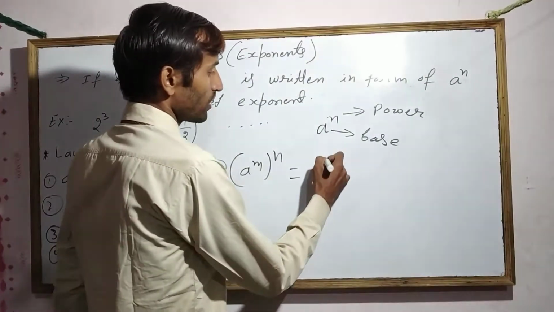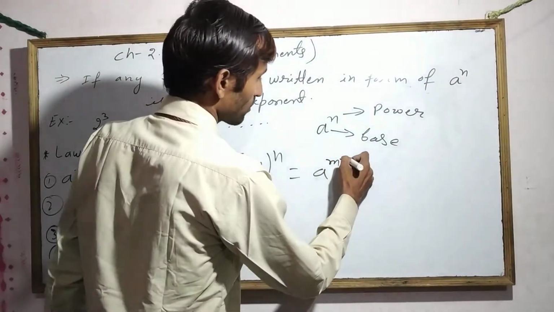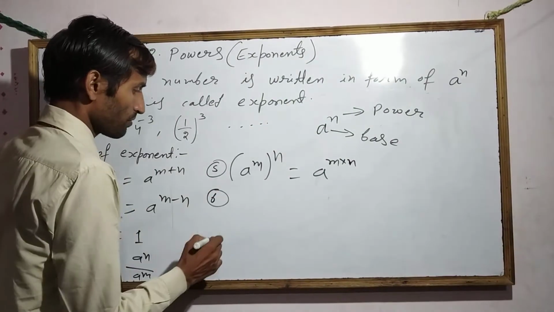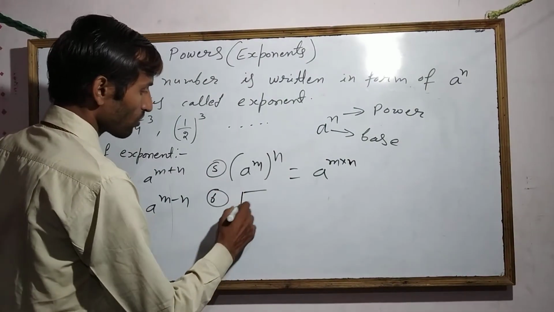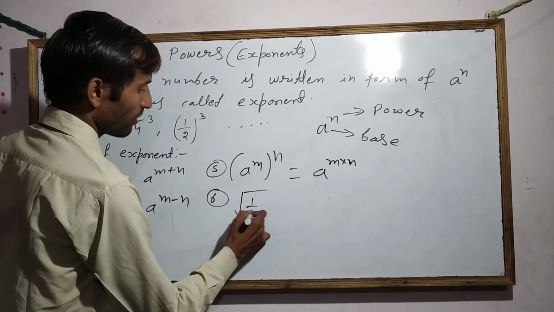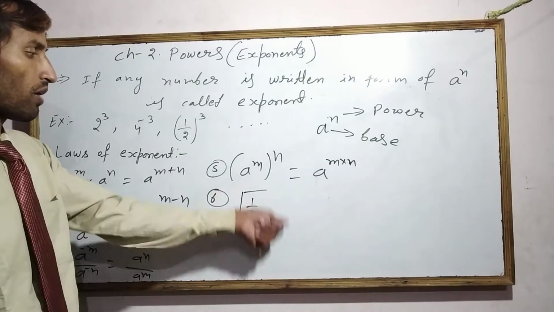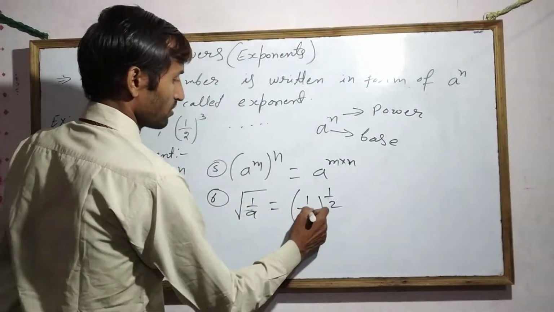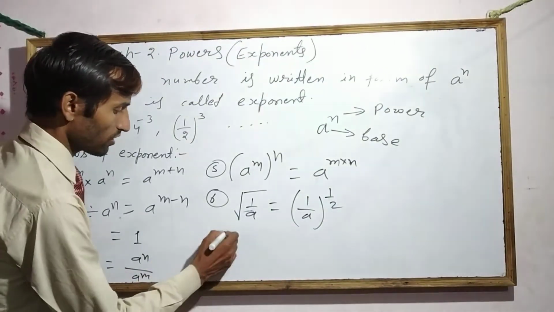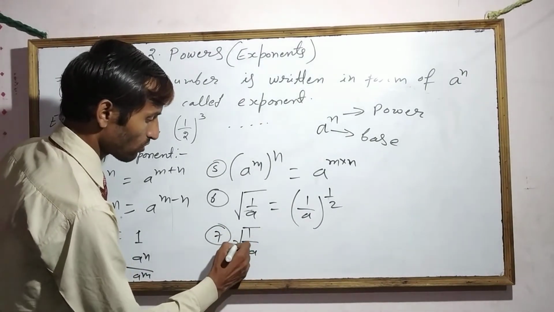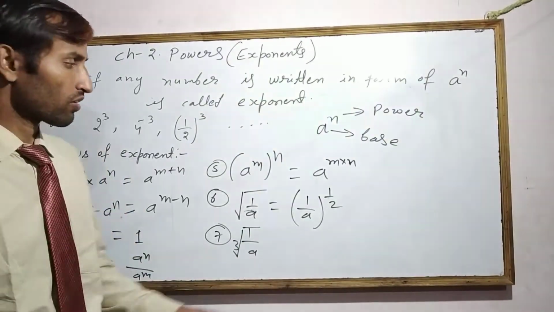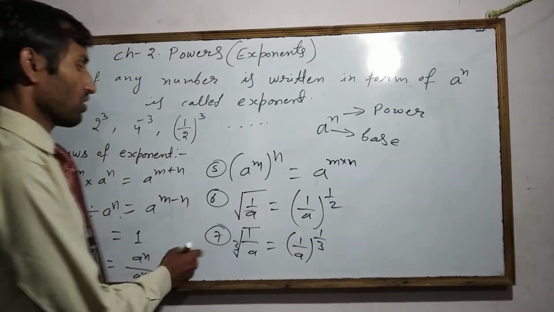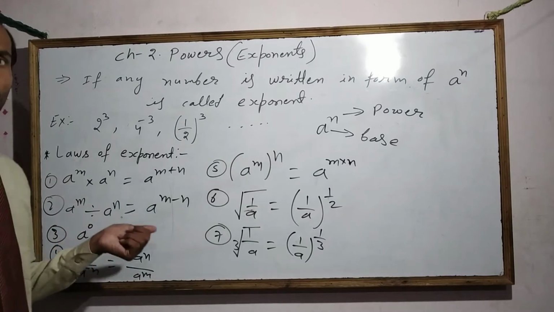The answer is a to the power m times n. Next, sixth, square root of a means a to the power 1/2. Seventh, cube root of a means a to the power 1/3. You have to use these laws of exponents in the questions.